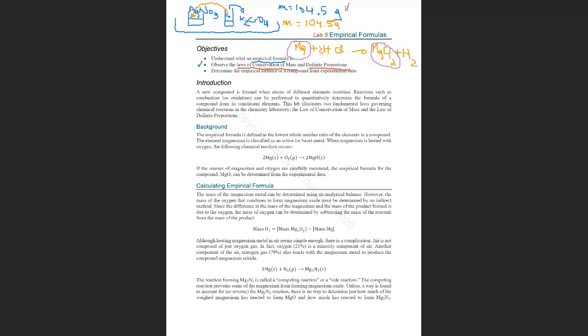And we know that the initial mass of the magnesium before the reaction will be the same as the mass of the magnesium in this compound, because we do not create matter.